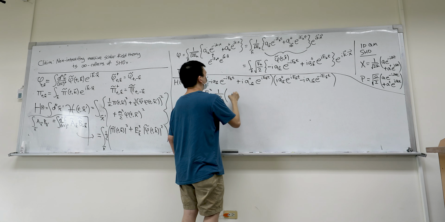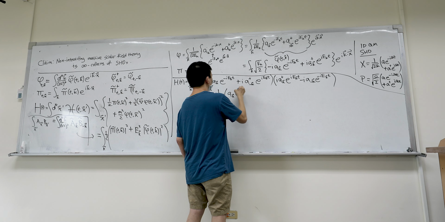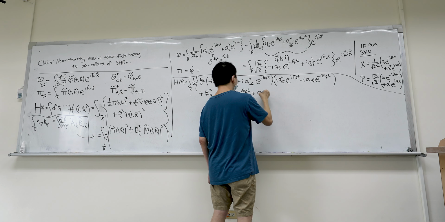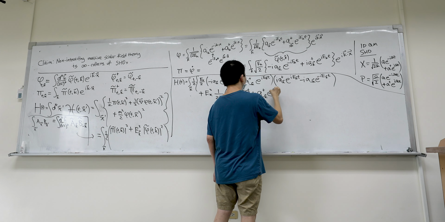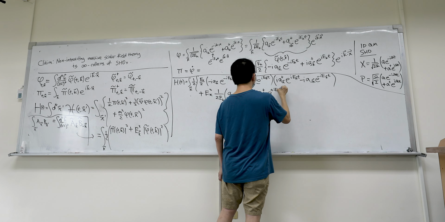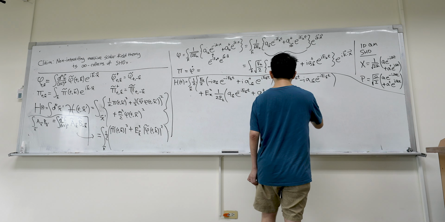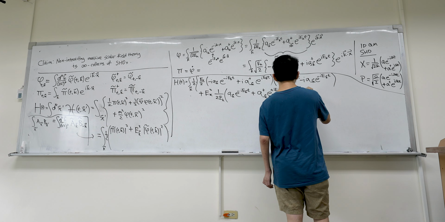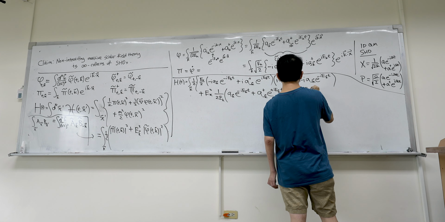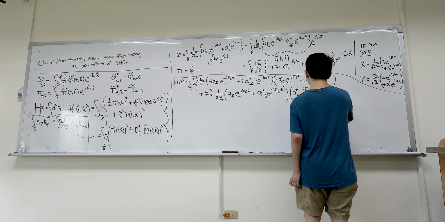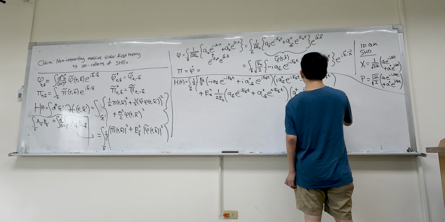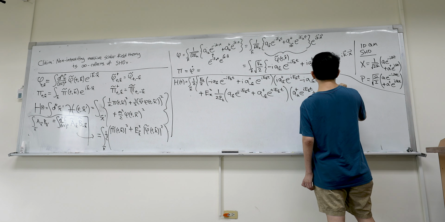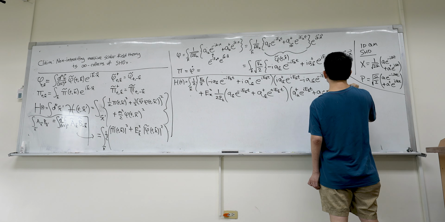And then we do a_k e to the minus i e_k t plus a_{-k} dagger e to the plus i e_k t, and then multiplied by this adjoint, a_k dagger e to the i e_k t plus a_{-k} e to the minus i e_k t.